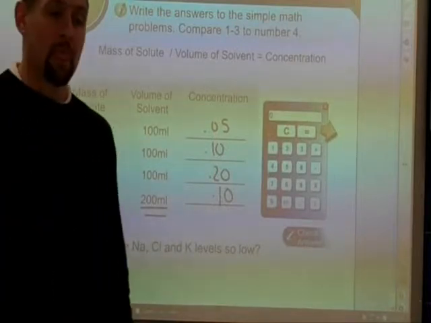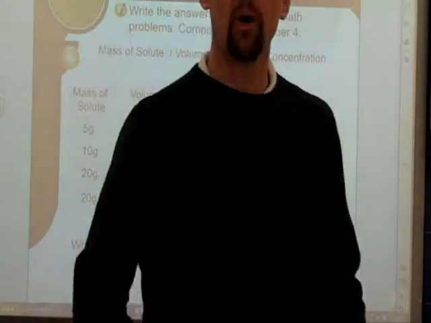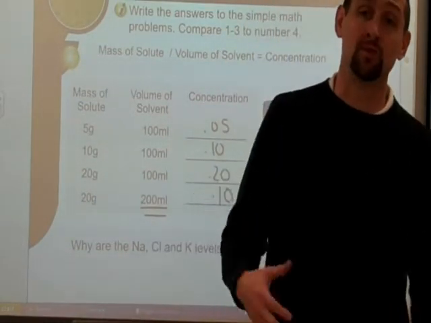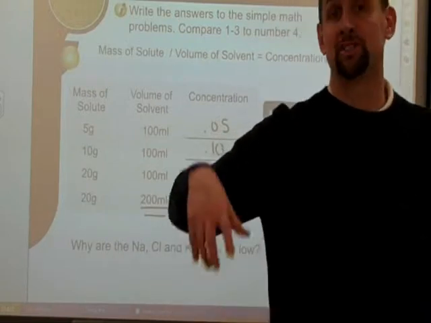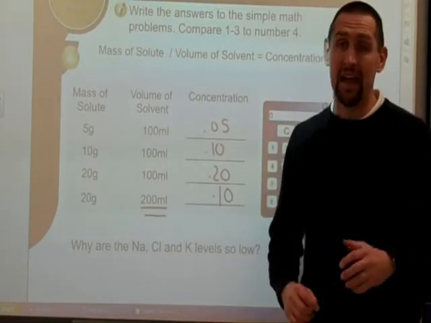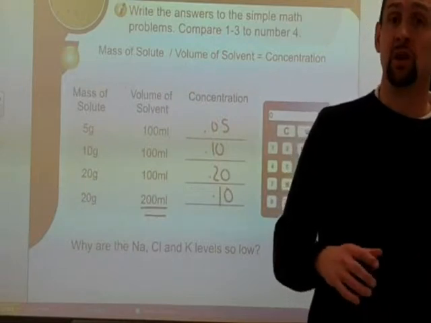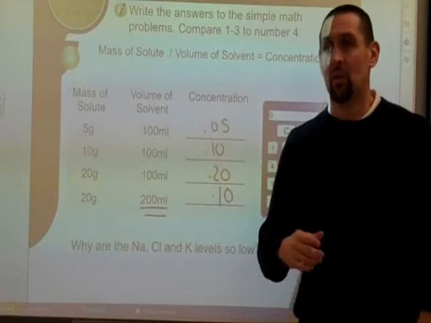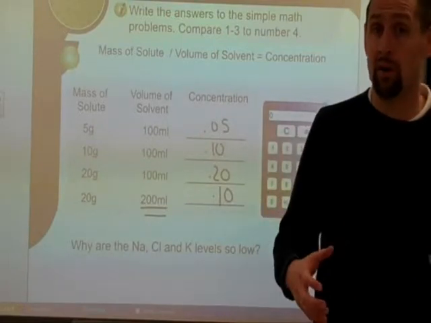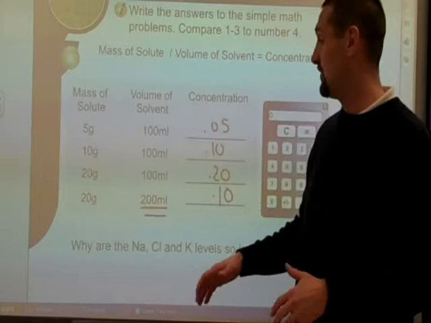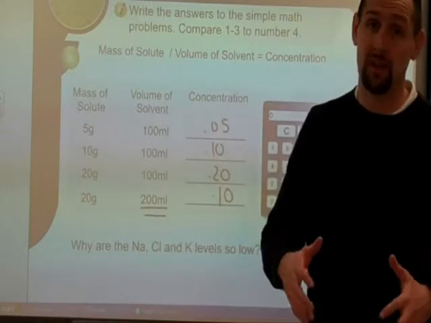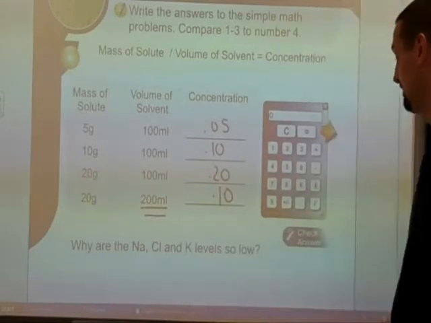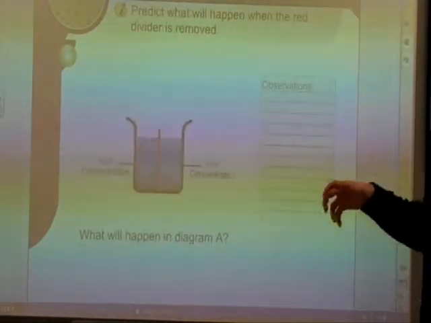So when we look at a college student who has been partying and she takes some ecstasy, and one of the problems with ecstasy is it retains water in her body, making her blood pressure go up and her potassium, chlorine, sodium levels go down, we might ask, why would that happen to a person? Well, think about it. If her body's retaining water, the concentration of the water is going up and diluting the concentration of the things being dissolved, like sodium, chlorine, potassium. So those levels go way down.